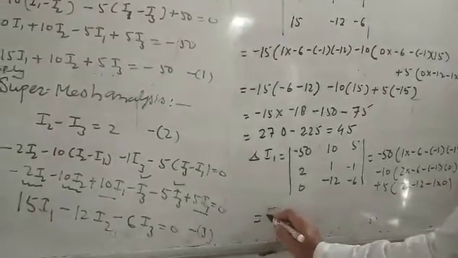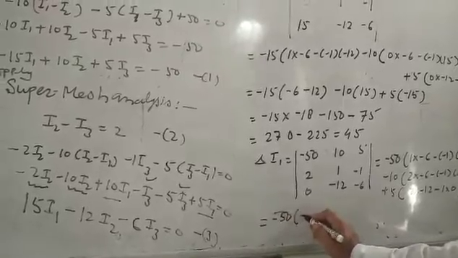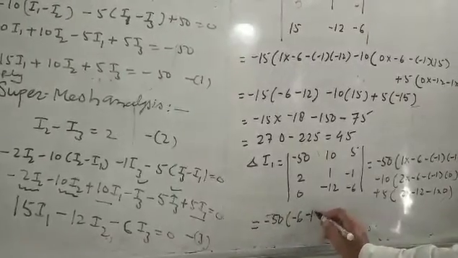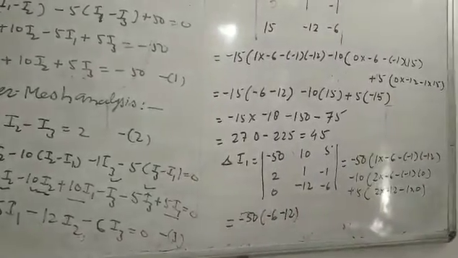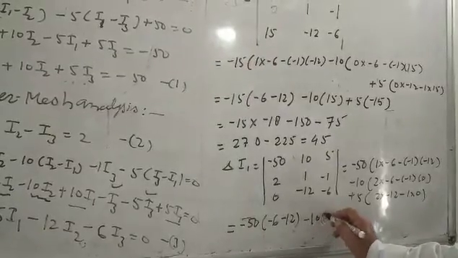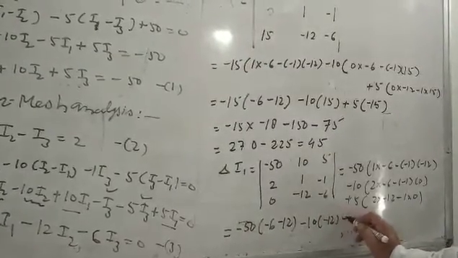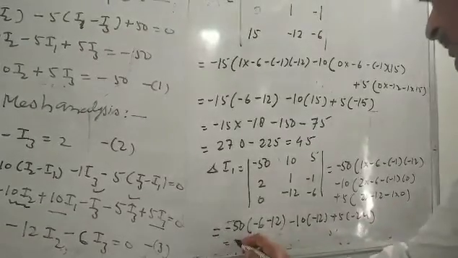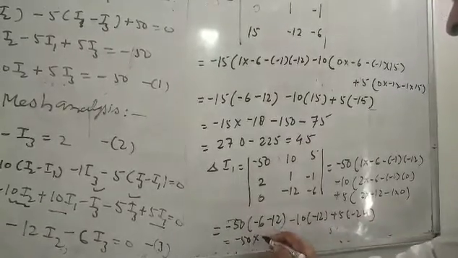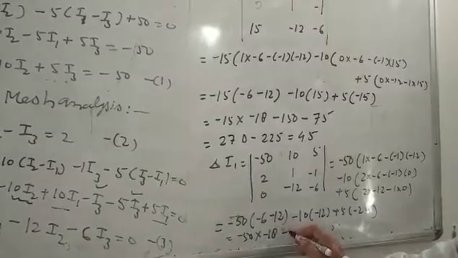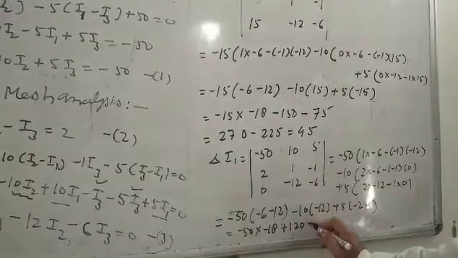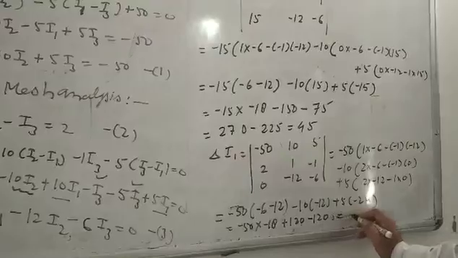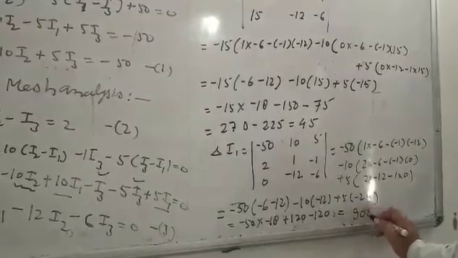This is equal to minus 50 into minus 6 minus 12, minus 10 into minus 12, plus 5 into minus 24. This is equal to minus 50 into minus 18 plus 120 minus 120, is equal to 900, is the value of delta I1.